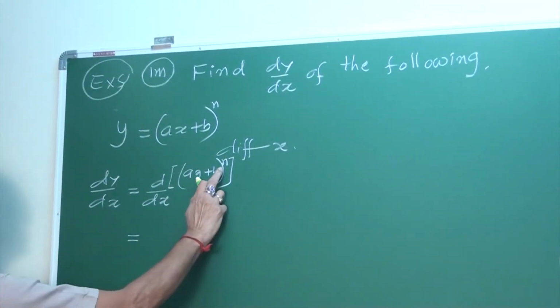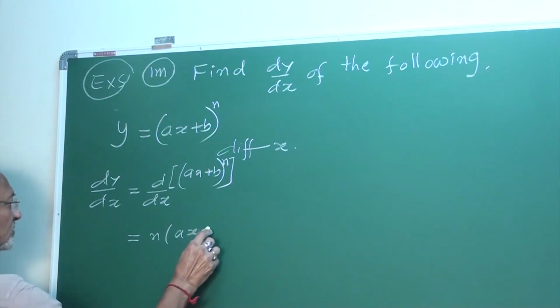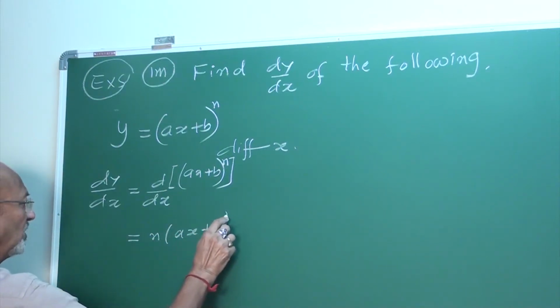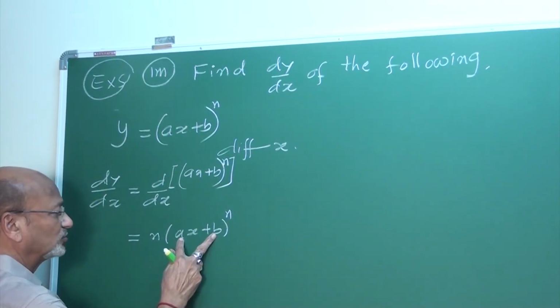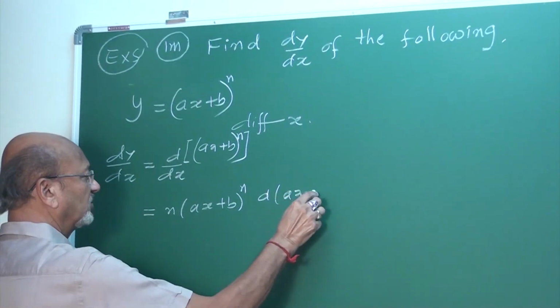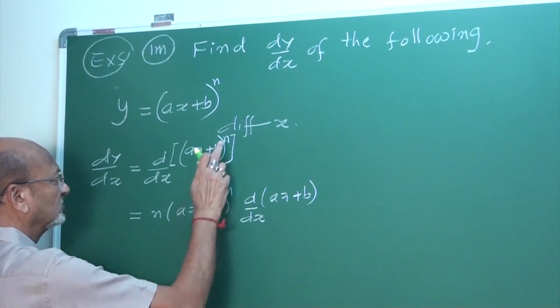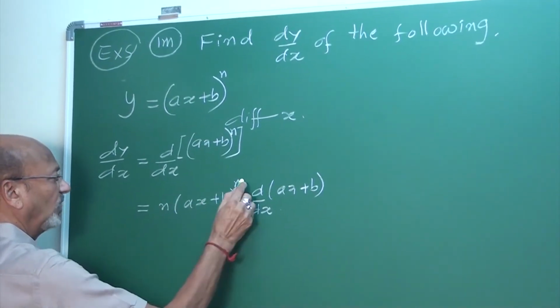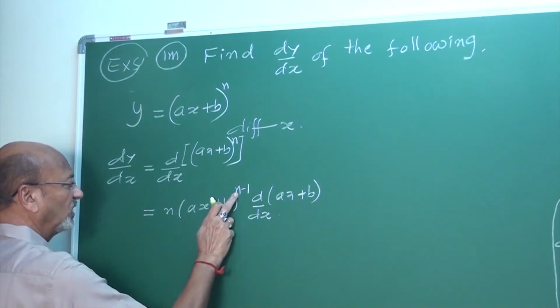Power, and one power less. What is the question? Is it x? No, sir. Write the derivative of ax + b with respect to x. Power into one less: (ax + b) to one less.